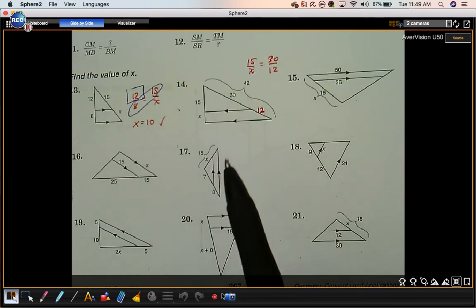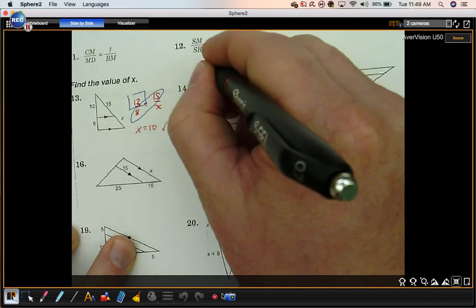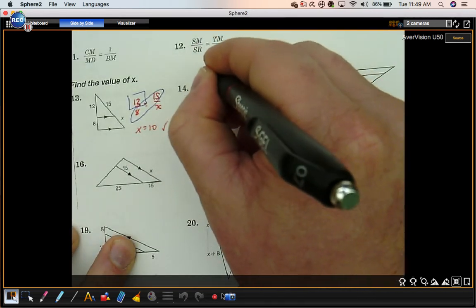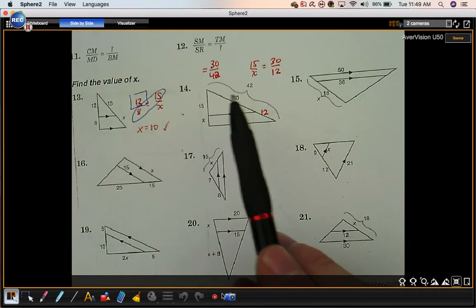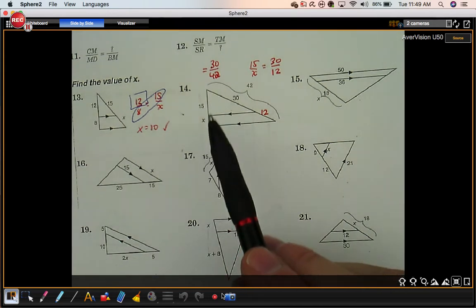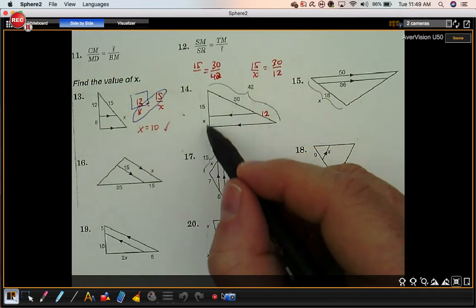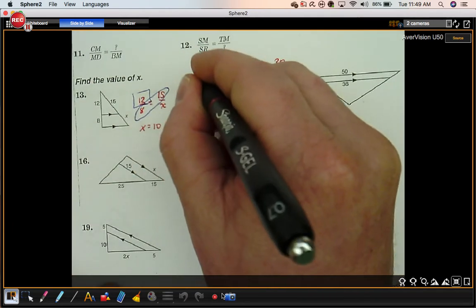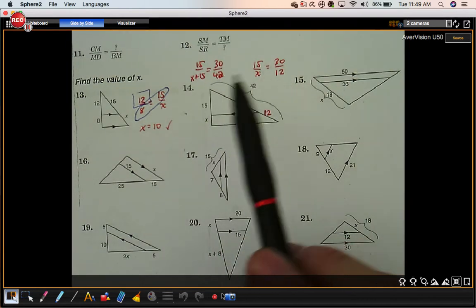You could go with this proportion, or if you wanted to, you could do 30 to 42. 30, that's an entire side. 42, that's an entire side. That's the same thing as this entire side, 15, to this entire side, x plus 15, because we're adding those two.